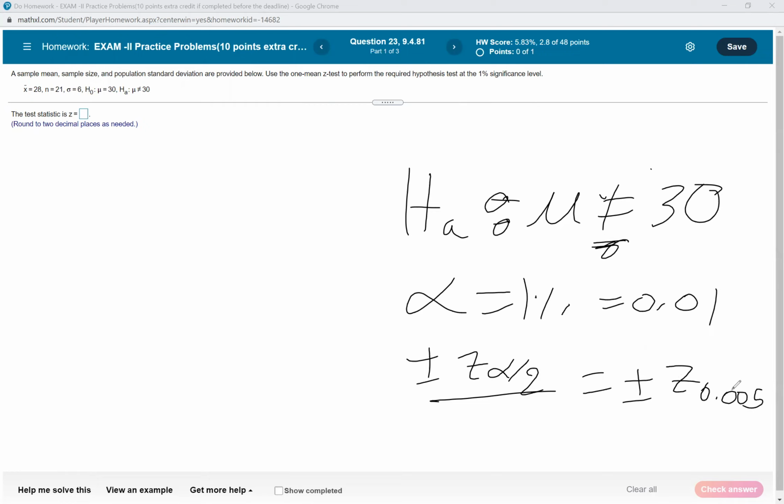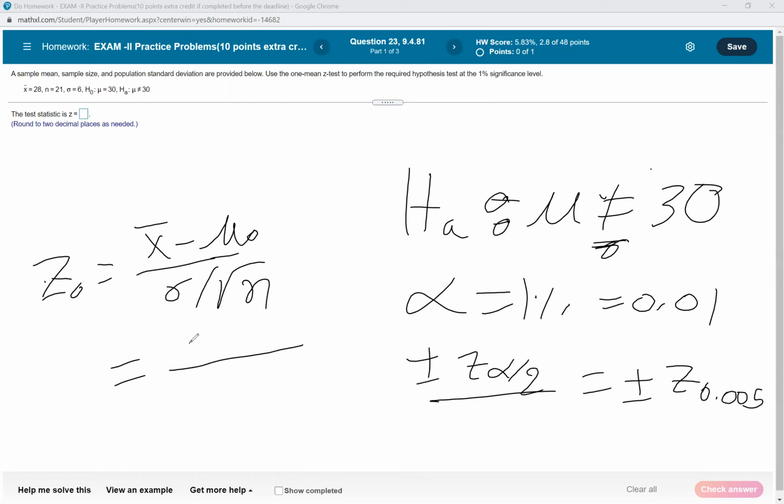First we need to calculate the test statistic, Z observed, which is the same as for the left tail and right tail tests. Plug in all the numbers: 28 minus 30, over 6 over the square root of 21.